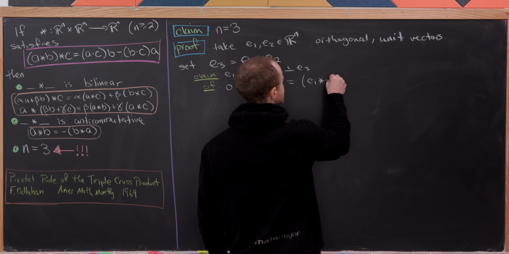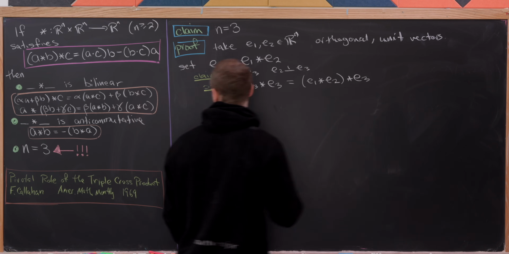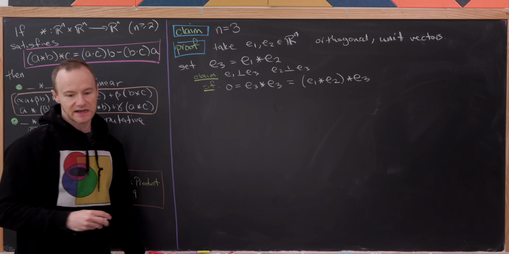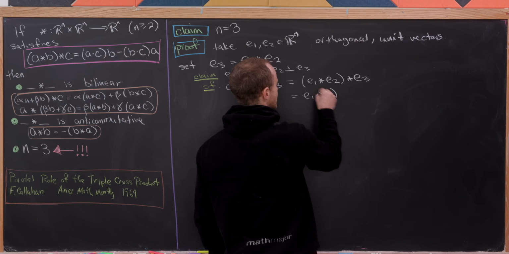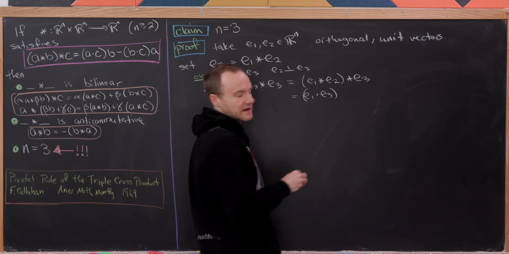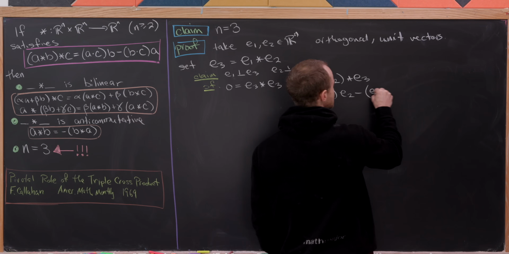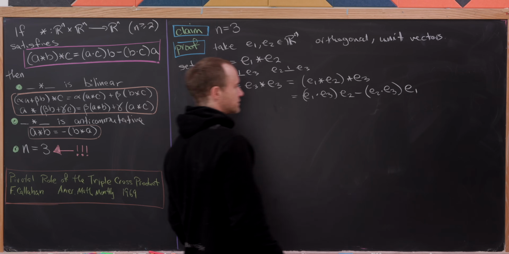Okay, so now let's write maybe this first E3 as E1 star E2. So we have E1 star E2, and then we're starring that into E3. And now we're ready to use the triple product identity. So that's going to give us E1 dot E3, and that's occurring in the E2 direction, minus we've got an E2 dot an E3, and that's occurring in the E1 direction.